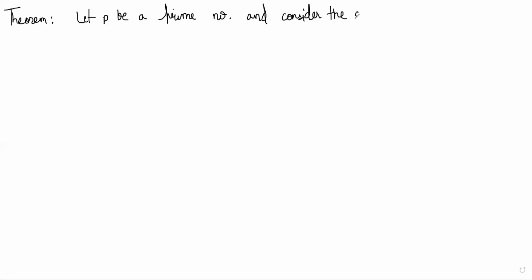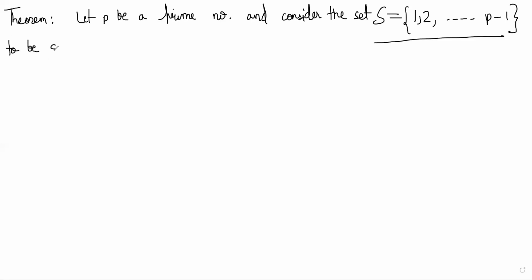So we have a theorem here which says, let P be a prime number, and consider the set S to be 1, 2 till P minus 1. This is the set of remainders modulo P.